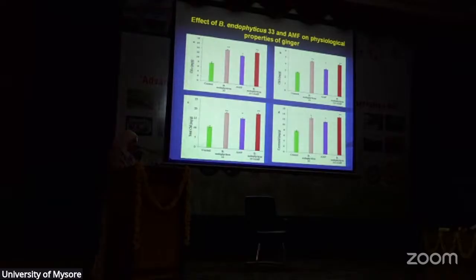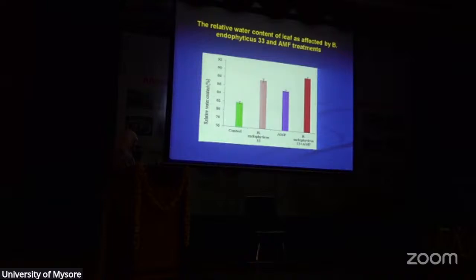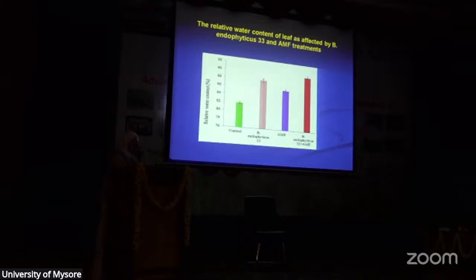Physiological properties: the combined inoculation also enhanced chlorophyll A, chlorophyll B, total chlorophylls, and carotenoid content, showing improvements in physiological performance. Relative water content increased with both inoculants, and the highest value was reported in the combined treatment, indicating improved water status of the plant.